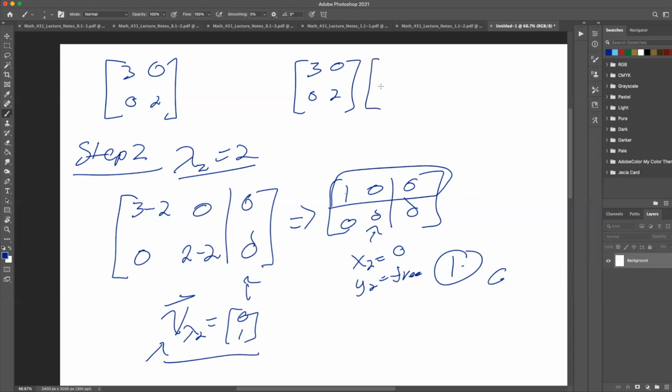And so let's actually just do this, 0, 6. Let's just pretend it was 6 for a second. If I multiply this across, I get 3 times 0, which is 0, and 0 times 6, so that's 0. So I have 0 up top, and I'll get 0 times 0, which is 0, and then 2 times 6, which is 12. But notice this is equal to 2 times my original vector.